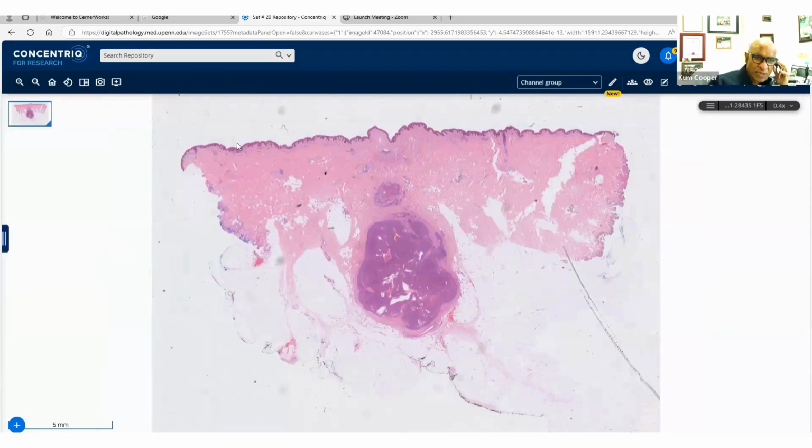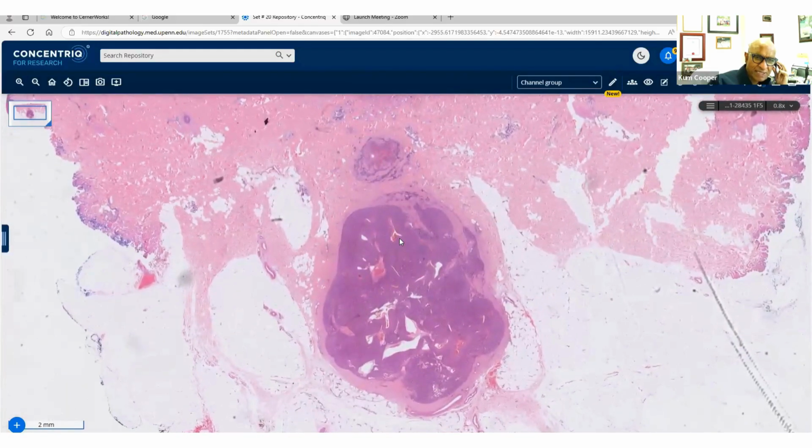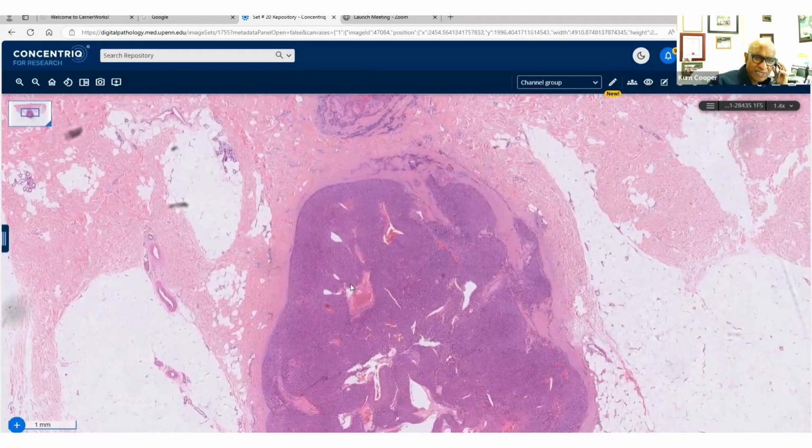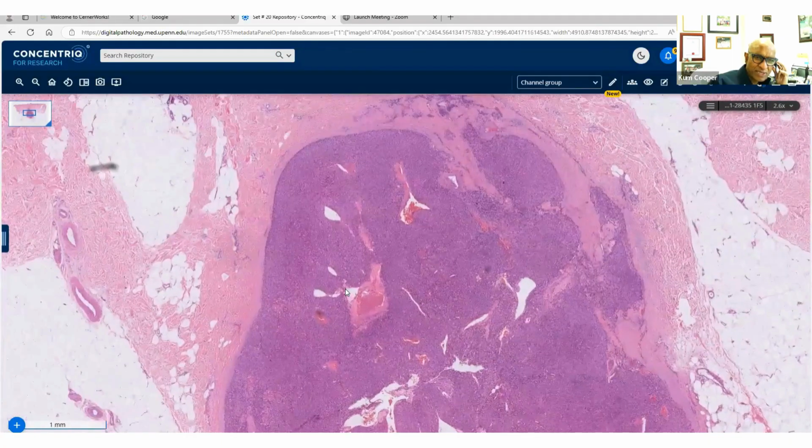You can see the epidermis, and there's this blue tumor sitting in the junction between the epidermis and the subcutaneous fat, with the bulk of it really pushing into the fat. So it's very well circumscribed. There is a second nodule there as well, and it may very well be the same nodule, but it doesn't matter. Just for purposes of our conversation, it is well described.